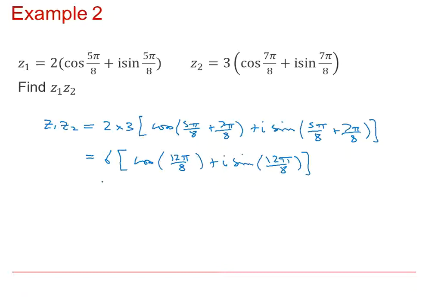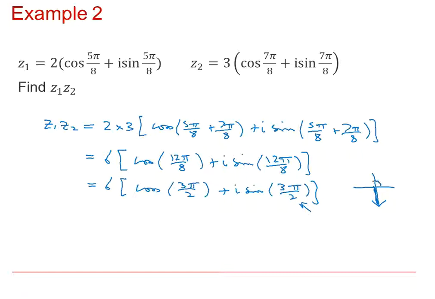There's a couple of things we need to do now. The first thing, fairly obviously, is to just simplify these arguments down. So that's 3 pi by 2. And obviously the other one will be 3 pi by 2 as well. But more importantly, the argument we've got at the moment is not a principal argument. So at the moment we're quoting 3 pi by 2. If I draw a little diagram, at the moment we're quoting that argument which is outside the principal range.